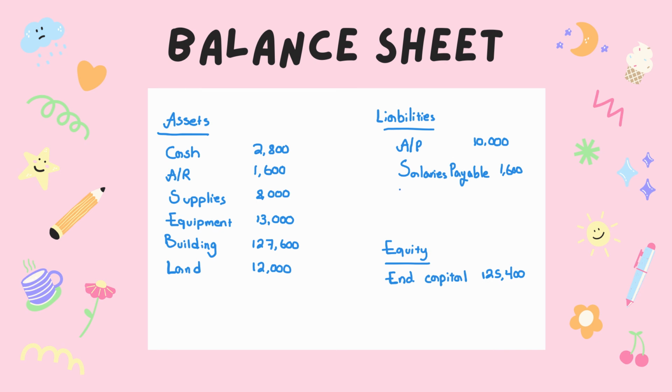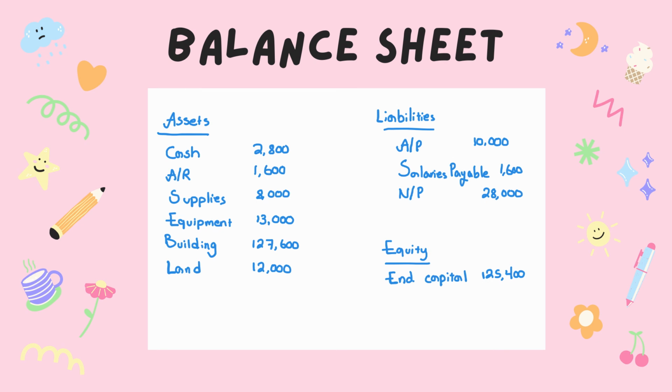Then we have notes payable. Notes payable means I'm gonna pay this amount plus interest later, which is 28,000. So do we have anything payable also? I think we are done with the accounts here.